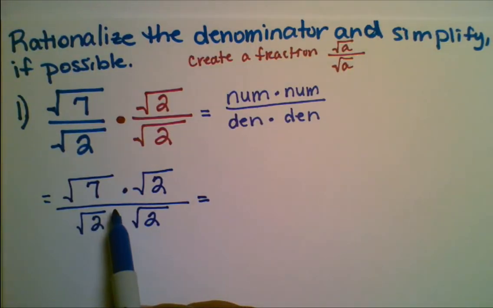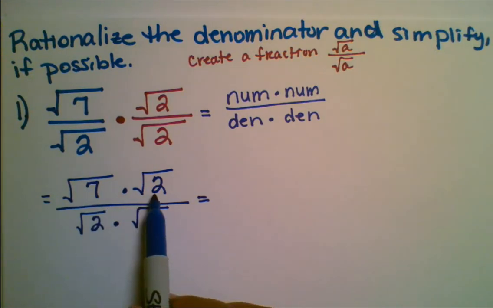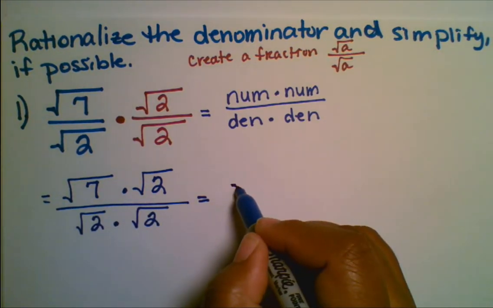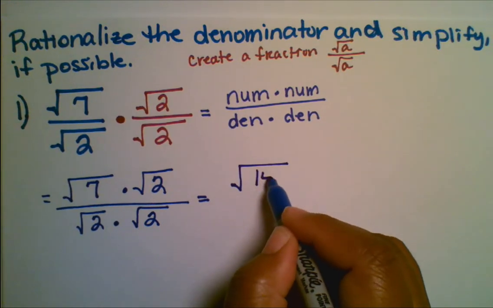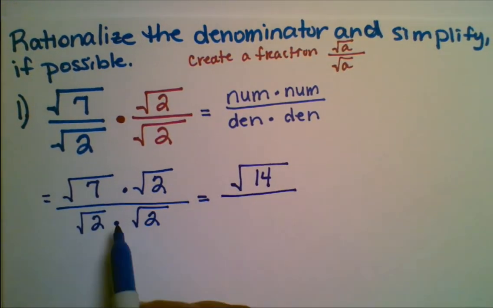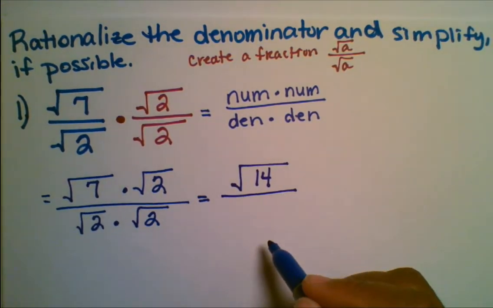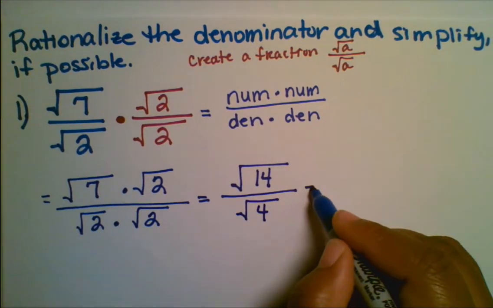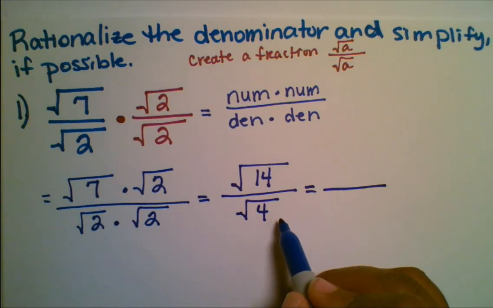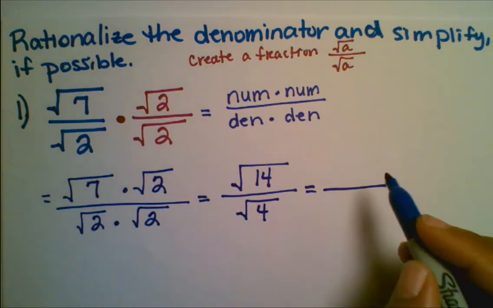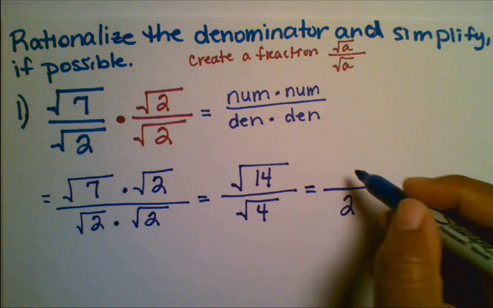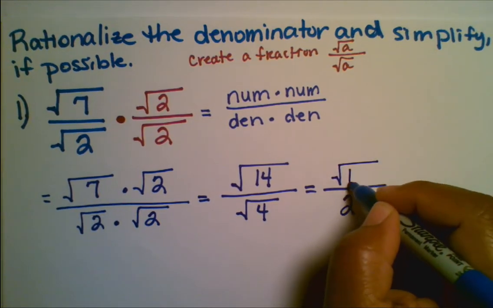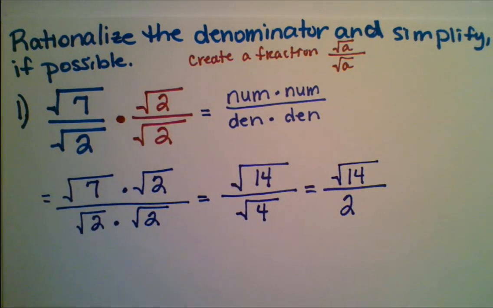So multiply the square root of 7 and the square root of 2, we have the square root of 14. Then our denominator, we have the square root of 2 times the square root of 2. That's the square root of 4. And remember, no radical in the denominator, so we're taking the square root of 4, which gives us 2. And then our numerator is the square root of 14.